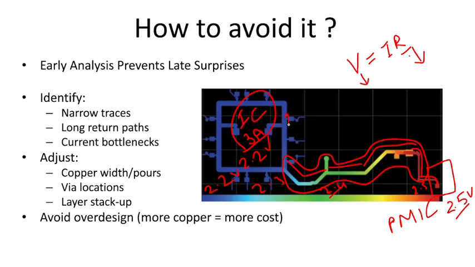The IC might see 2.4 volts, which is still a drop, but it's within the specs of the IC. So this is one of the ways we can improve the DC drop performance of a design. Though I'm giving an example on a PCB, this is applicable for package also.